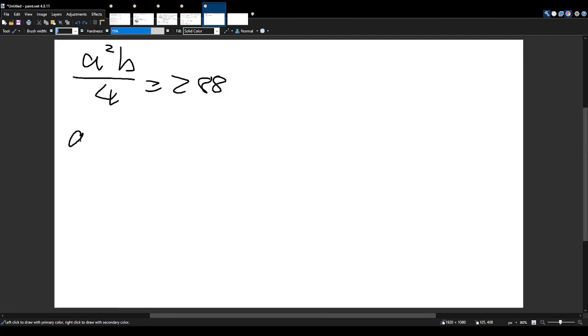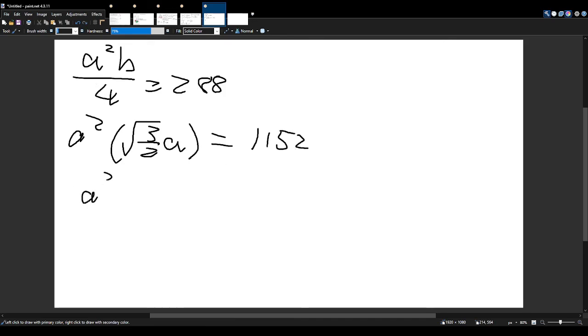Whoops. A squared, root 3 over 2 a equals, let's remove the 4. I don't like fractions. A cubed root 3 over 2 equal to 1152.